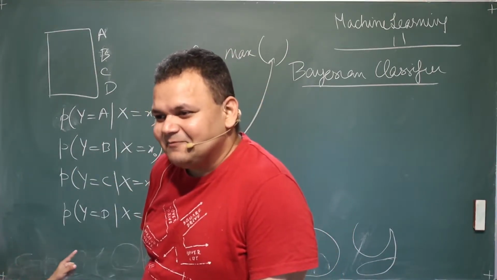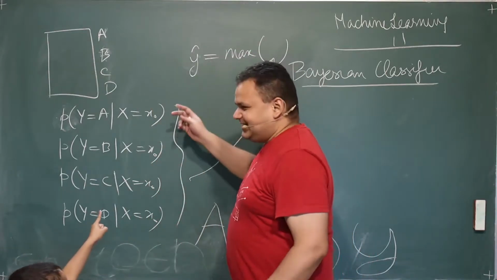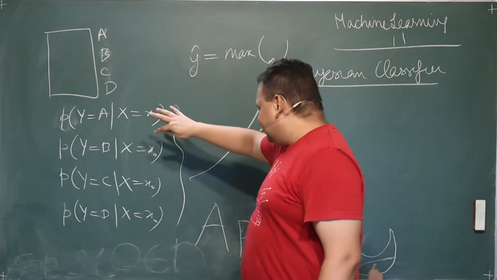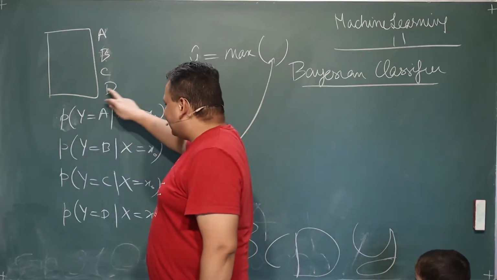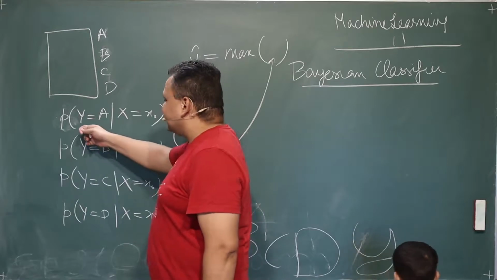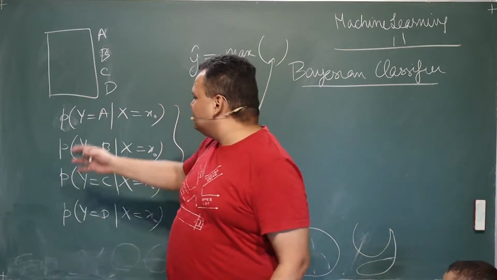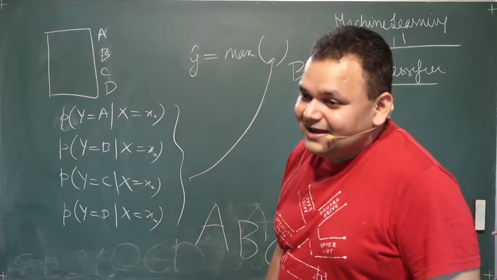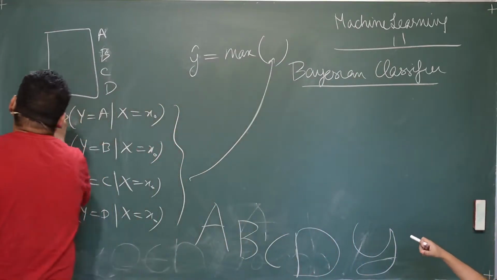It is exactly the same. That's why I said I should have covered this before covering that. The basic concept was that if you assign the class which gives you the highest probability to the output, that gives you the minimum error. That is the basic theory. The main problem is how to find out this probability.